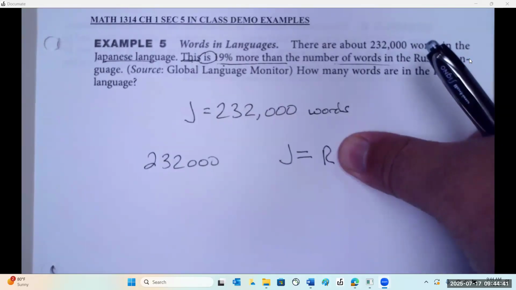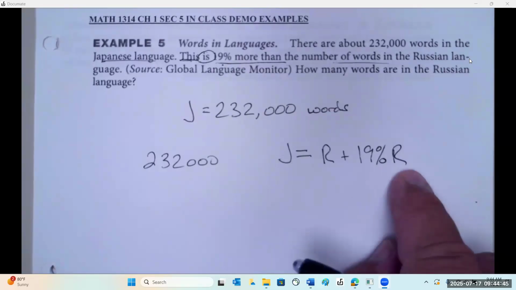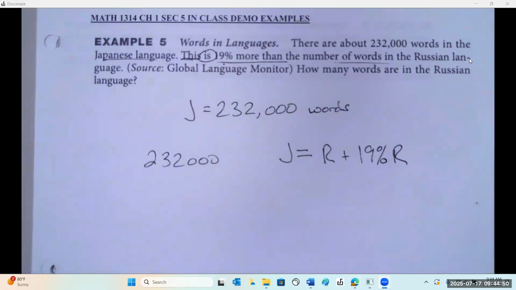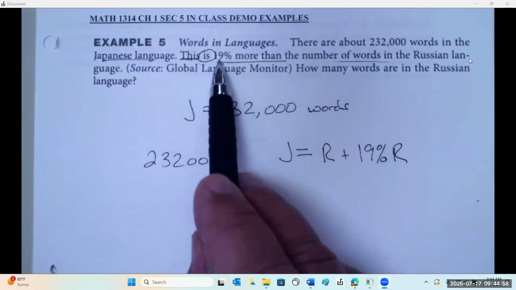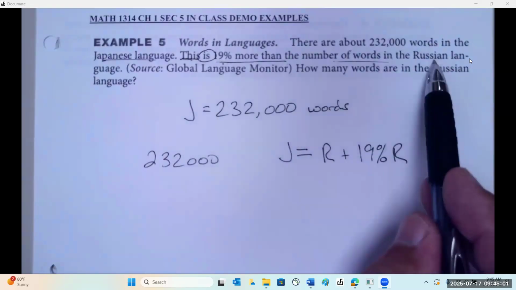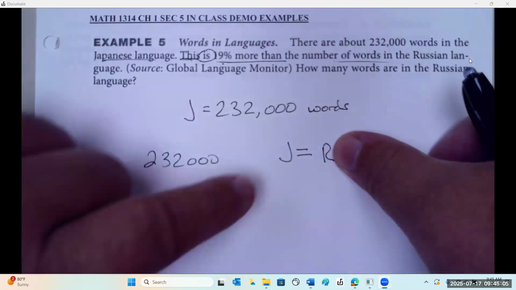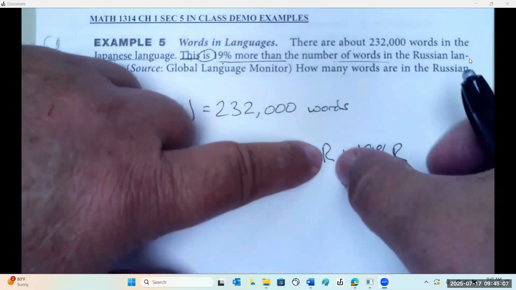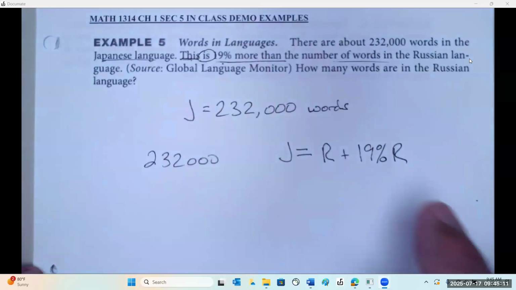No. So what would make them the same is if I added 19% more words to the Russian language. This is what I'm saying, now you guys start learning how to read for specific information and understand what it's telling you. The Japanese language has 19% more than the Russian language. So if they were equal, that'd be great. But we have to add more words in the Japanese language. How many more words? 19% more than what they have already.